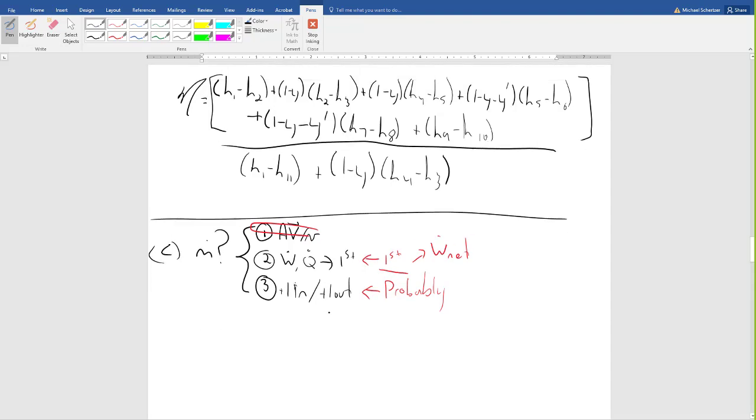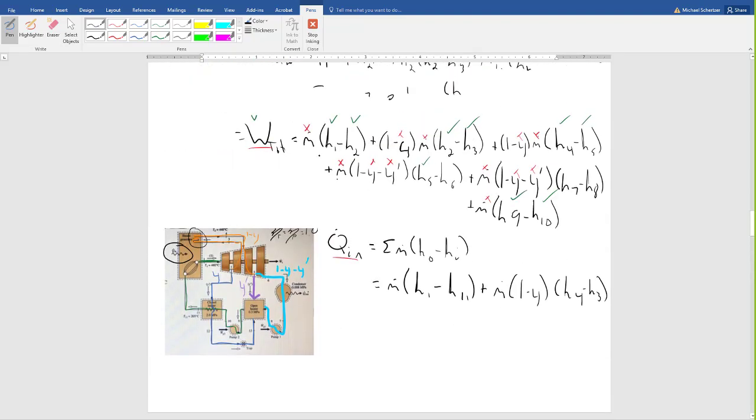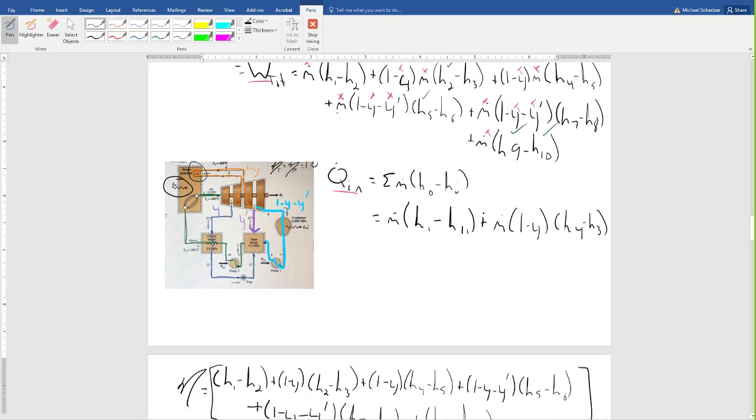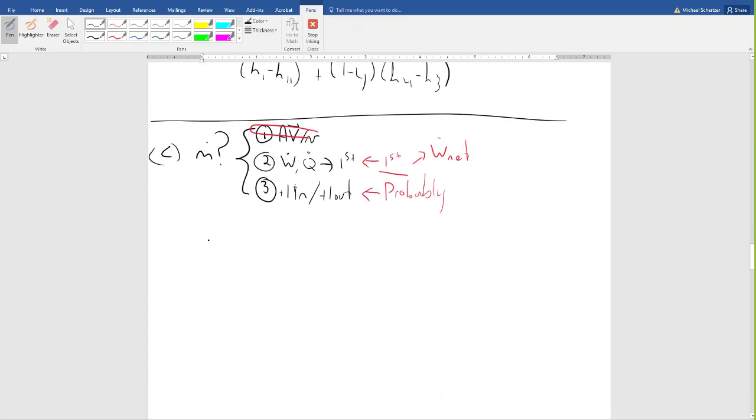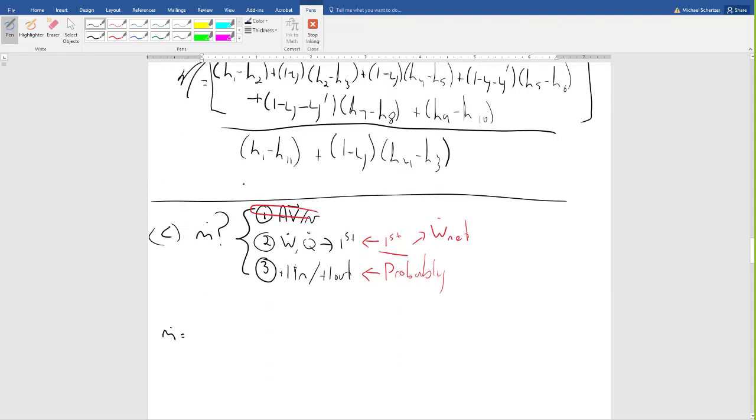So here, I'm just going to go from the net power, and we can factor m dot out of all of these terms. So I'm going to take m dot is equal to the net power divided by the sum of all these terms without the m dot in them, right?